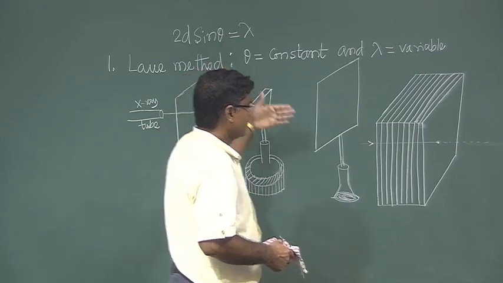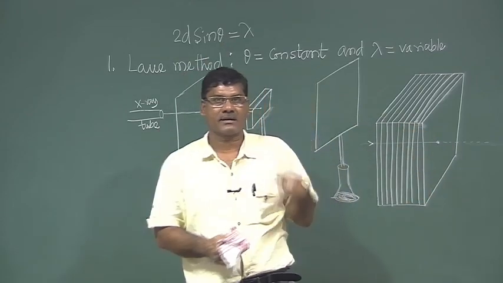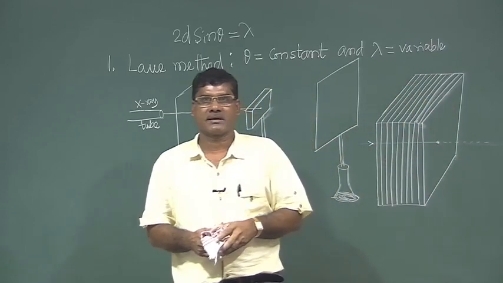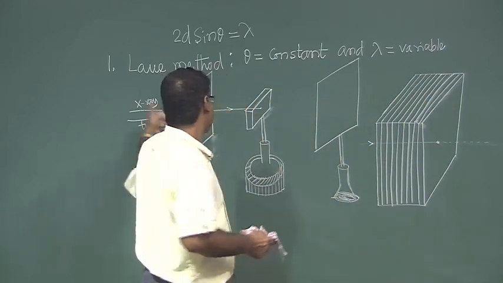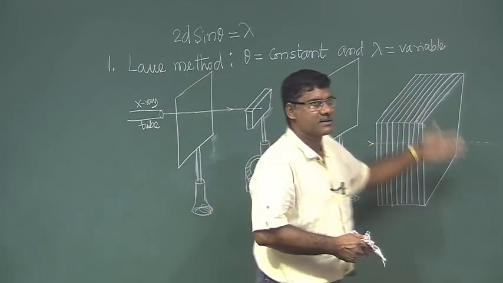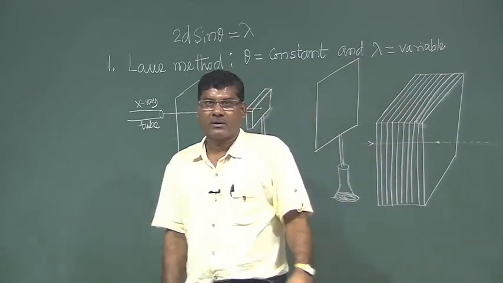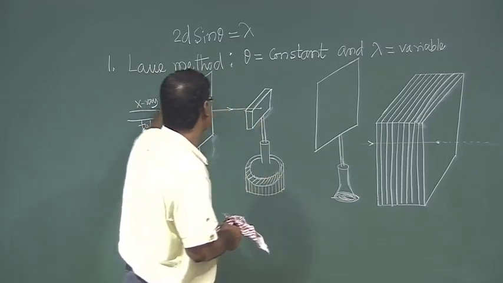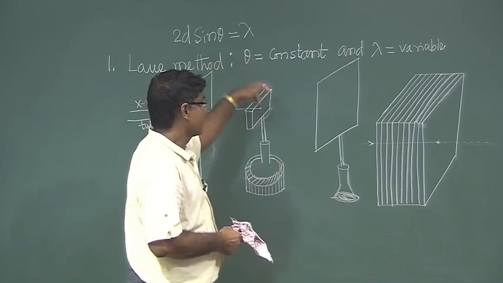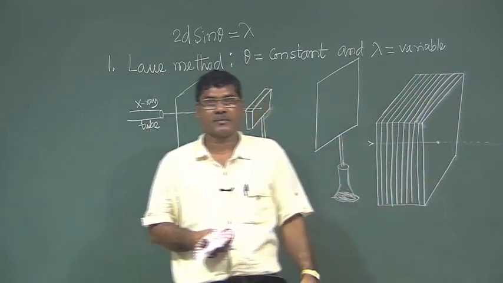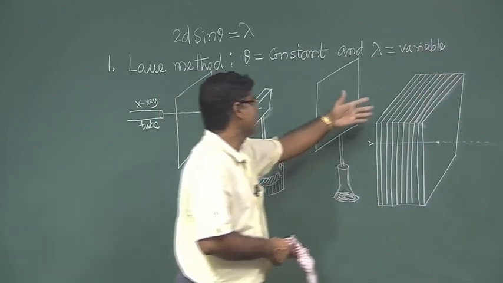Now if this ray is the central one, perpendicular to this set of planes, so the incident angle is 90 degrees, right? This is grazing incidence, along the normal of these planes.